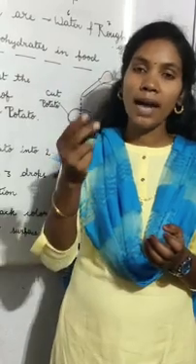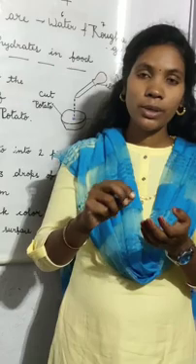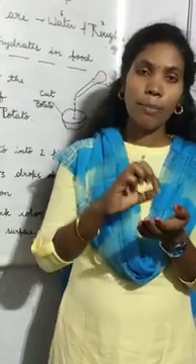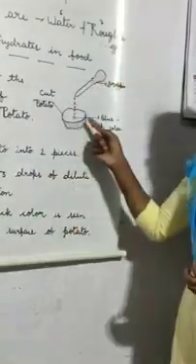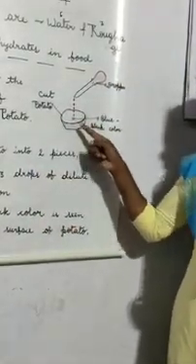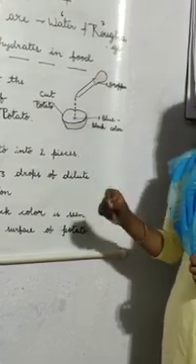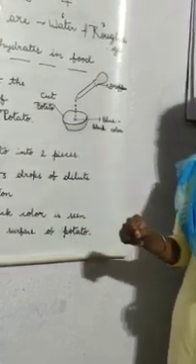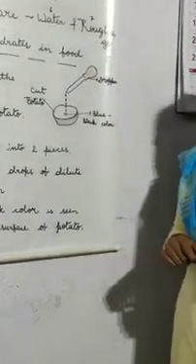Then we add 2 or 3 drops of dilute iodine solution on the cut surface of the potato. When we do this, a blue-black color appears on the cut surface. This shows the presence of starch in potato, which is an example of carbohydrates.